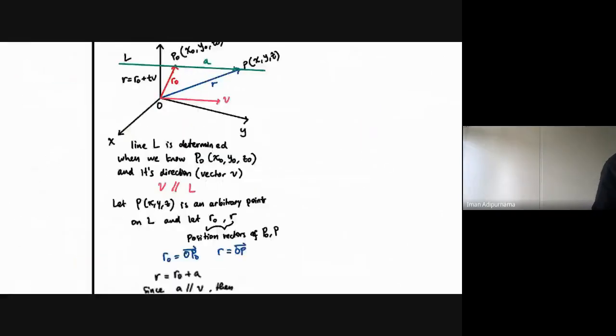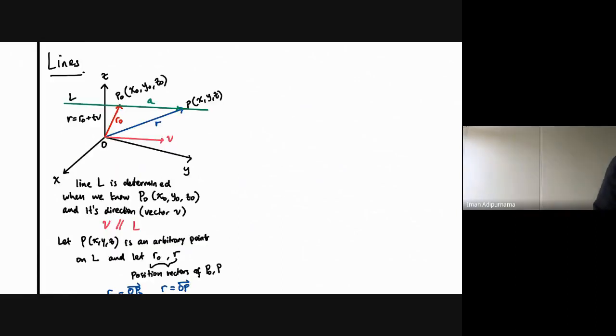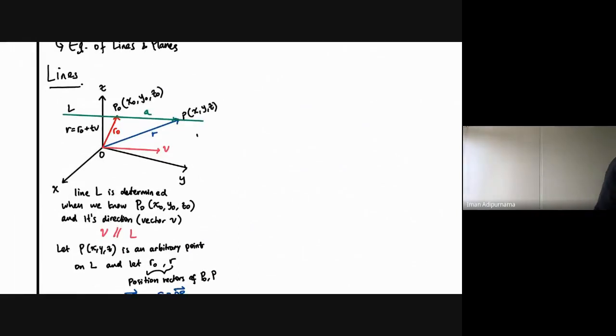And then, let me write here. If the vector v we can write as A, B, and C, the components of vector v are A, B, C, we can write tv in terms of tA, tB, and tC.